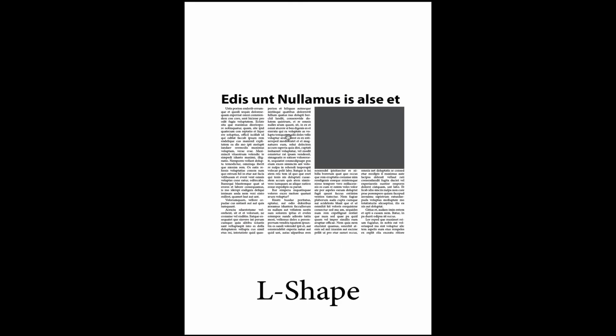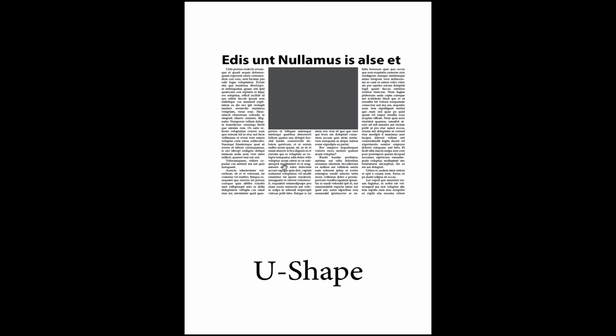photograph. Now, when you lay out a photograph inside of an article, there's three main shape names that I tend to recall these by. First off, there's the L shape, where the photograph is in the top right-hand corner and the article is flowing around it in the shape of an L. There's also a U shape, where the photograph is in the top center of the article.